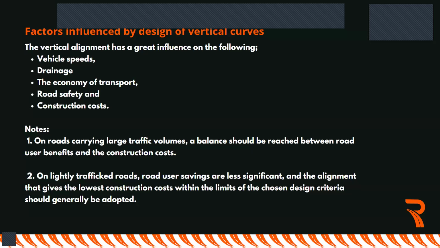And then construction cost. There are two perspectives that are very important for you to have in mind. On roads carrying large traffic volumes, a balance should be reached between road user benefit and the construction cost. So this explains why you will notice in expressways, the gradient of the road is sometimes recommended to be even below 4%.